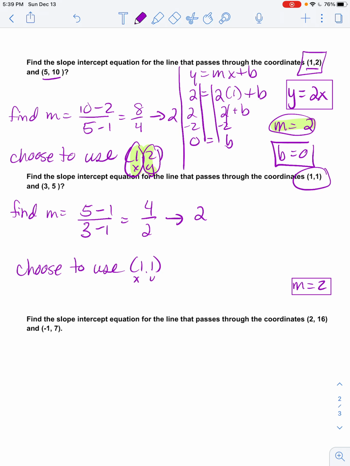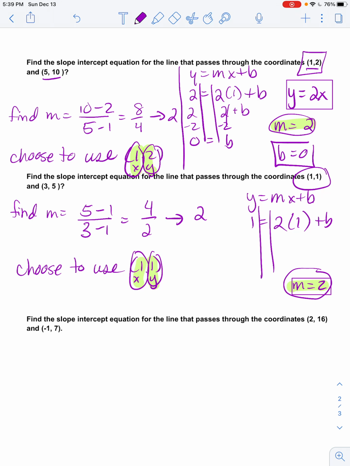So that's my x, that's my y. So now I have an x, a y, and an m. So I do that math where I'm plugging in my y, which is 1, my m, which is 2, and then my x, which is also 1.